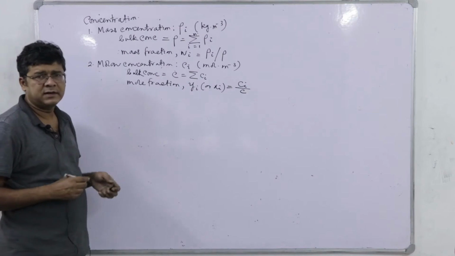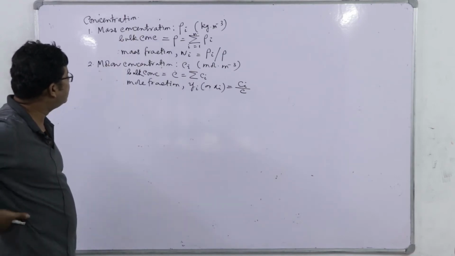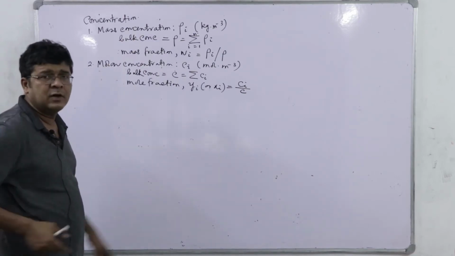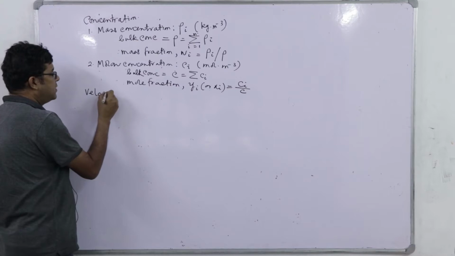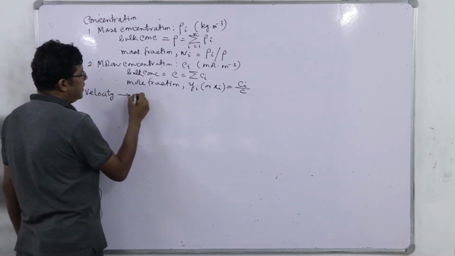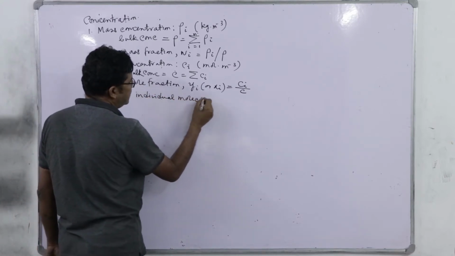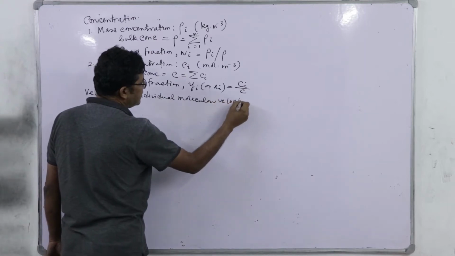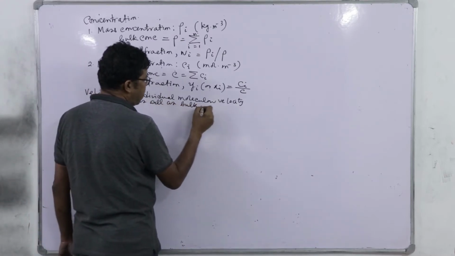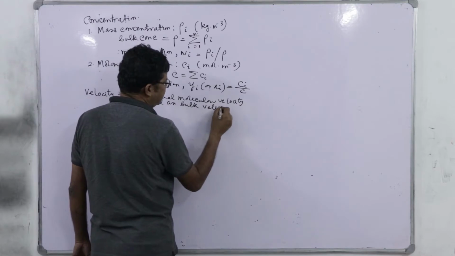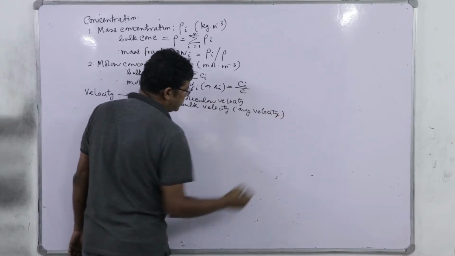So, once we have defined the notations we use to represent concentration, next we will discuss how to represent the velocity, right. Now, here the velocity indicates the individual molecular velocity as well as the bulk velocity, and this we refer to as the average velocity, right.